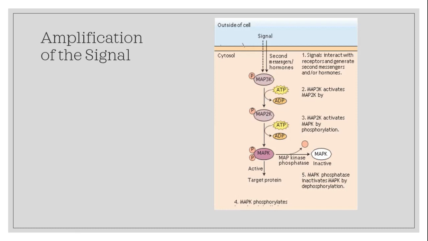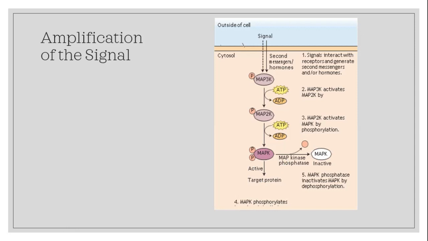Ultimately the MAPK molecules will be large in number compared to the initial number of MAP3K. So the signaling molecules produced at the MAPK level, the last level, are very high in number, and they produce a very strong response.